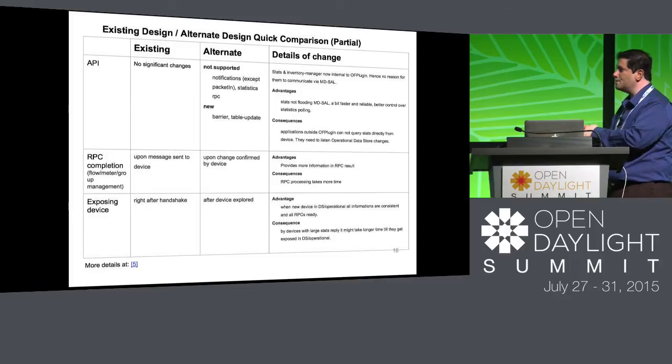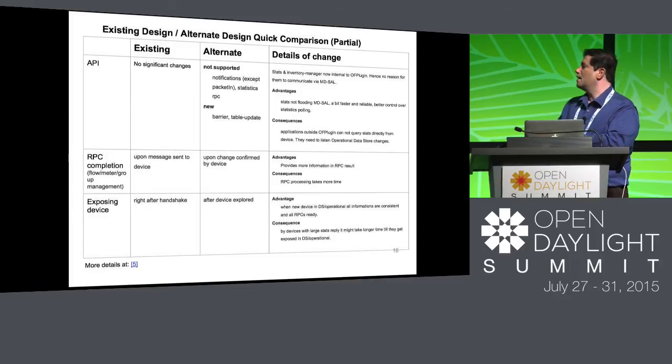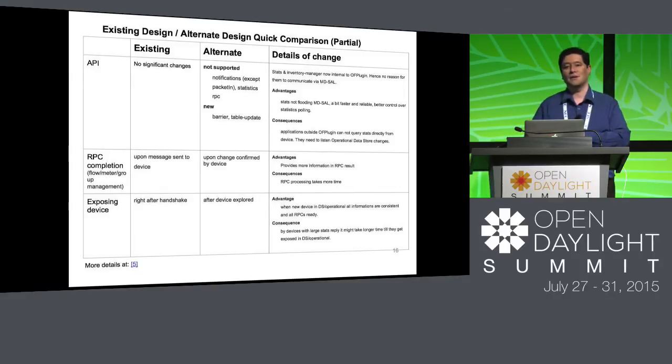The advantage of this is that it's more reliable, in that it provides more information at the end of the RPC result. But the consequence is that your RPC processing is going to take a little more time. It's a trade-off.